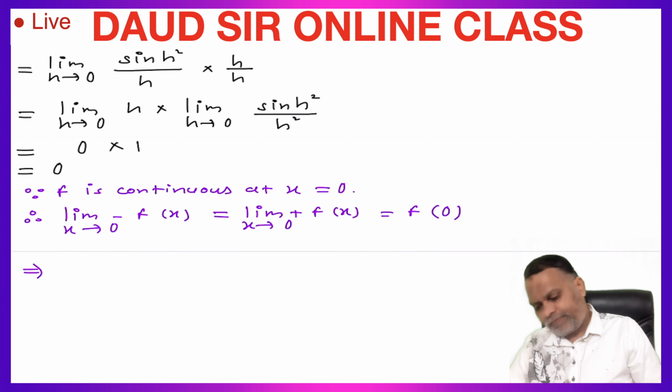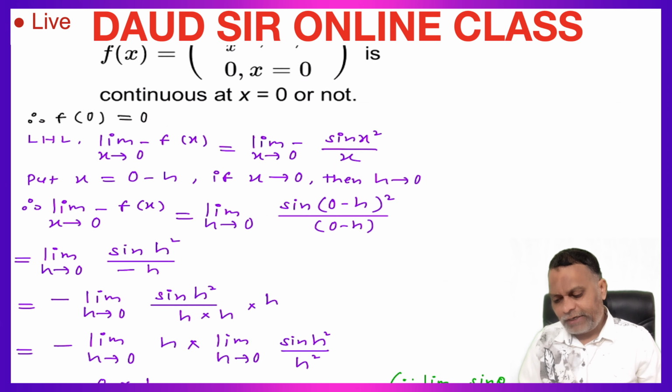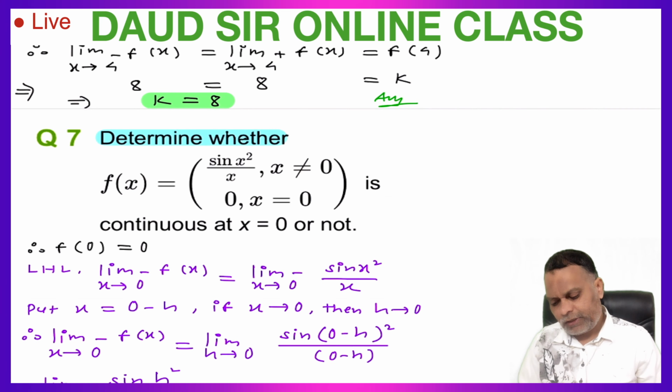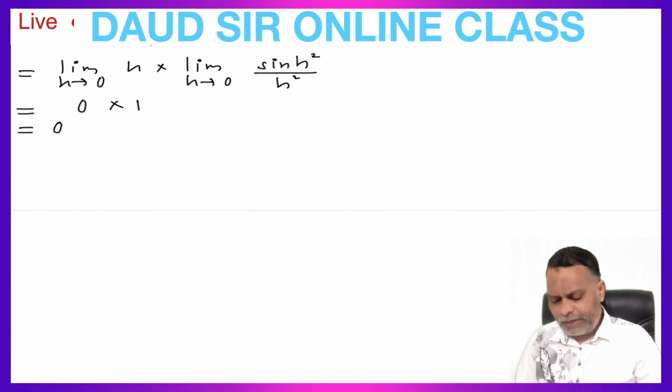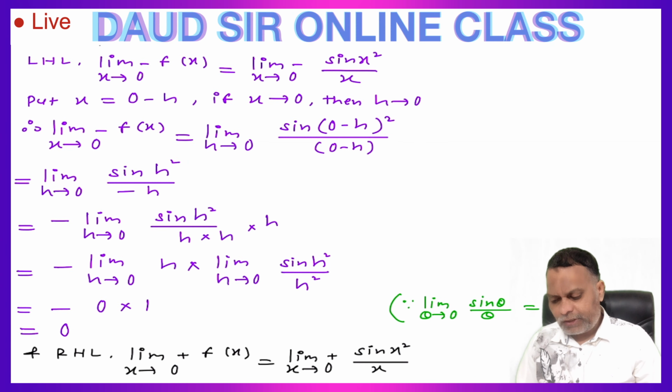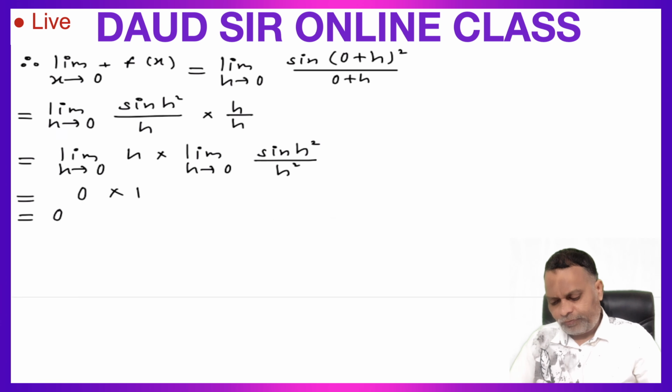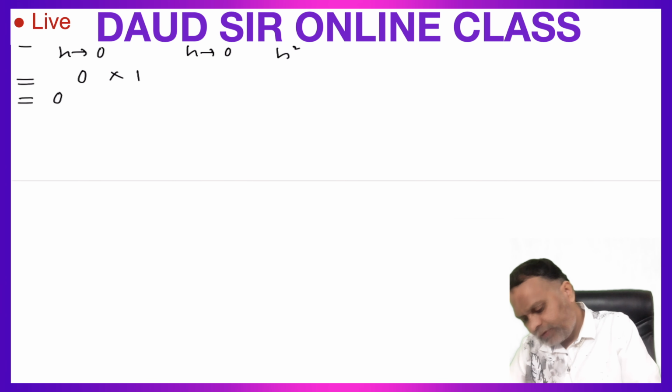Left hand limit 0, right hand limit 0, f of 0 is equal to 0. So clearly right hand limit 0, left hand limit 0, f of 0, 0. All the three things are equal.